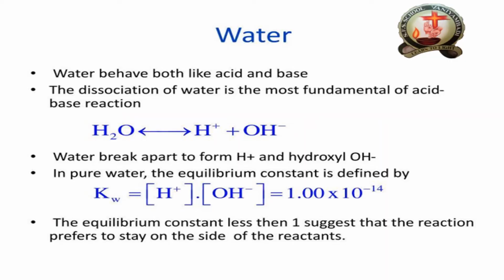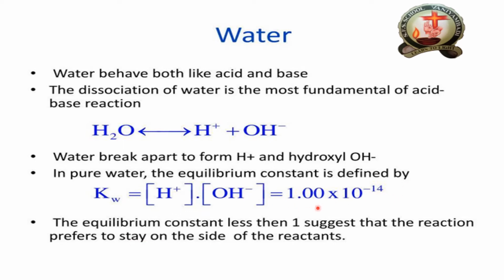Then water behaves like an acid and a base. As I already said in the previous video, dissociation of water shows base character and acid character. H2O has the ability to donate an H plus, giving H3O plus and OH minus.